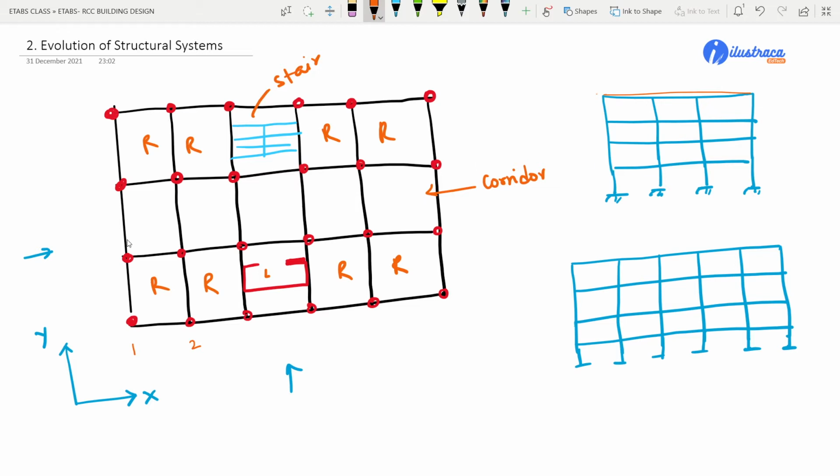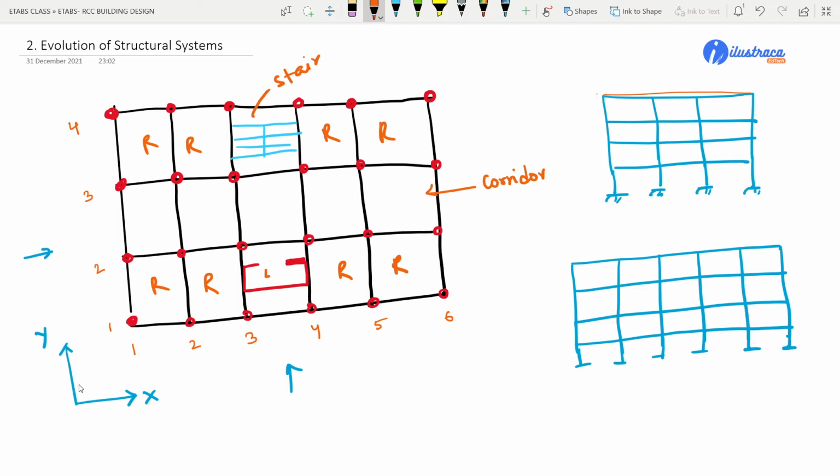In this direction we have 1, 2, 3, 4, 5 and 6 frames.